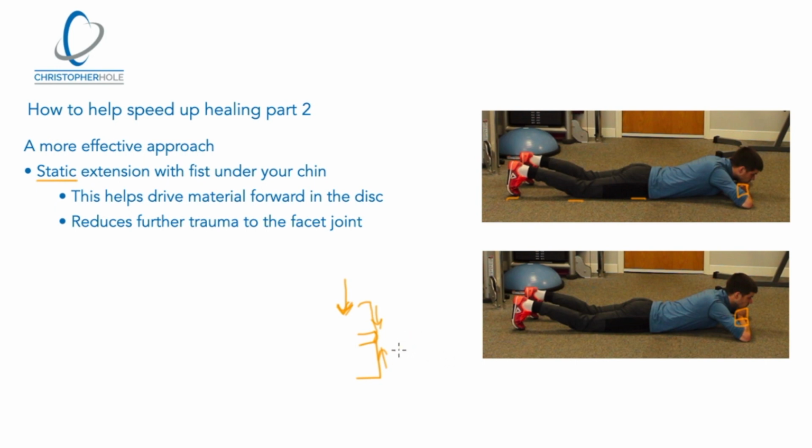But because it's a lot milder, it's not affecting the facet joint as much, which will be off the spinous process that comes off the back, and then you've got the joint that goes in between them. So it's a lot milder.